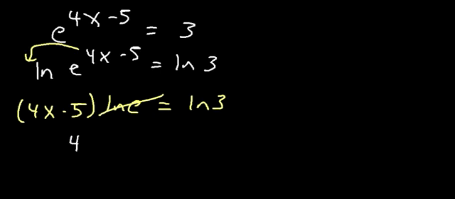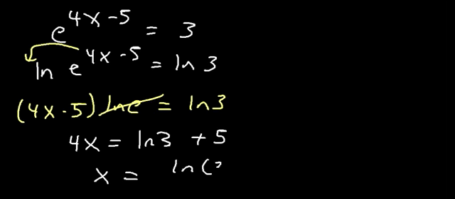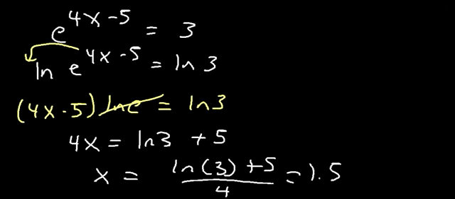Let's add 5 to both sides. So 4x is ln 3 plus 5, then divide by 4. So (ln 3 plus 5) over 4 is the answer. And as a decimal, that is equal to 1.5247.